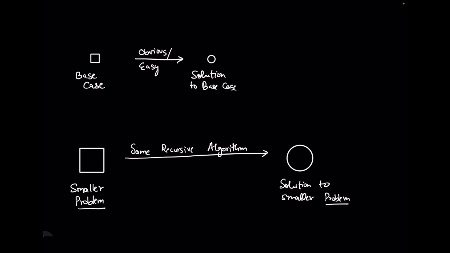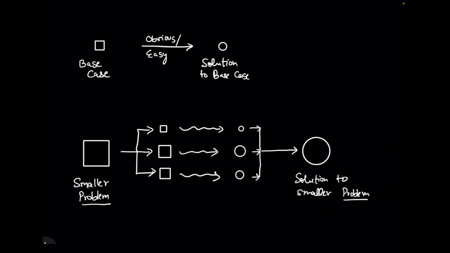What I mean by that, if it's a little confusing, is that we break this smaller problem into even smaller sub-problems, which are of the same type as the original problem. We find the solutions to these sub-problems, and then we combine the solutions to these smaller sub-problems to find the solution to our smaller problem.